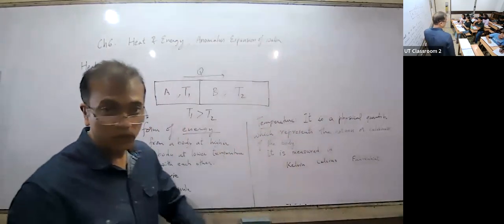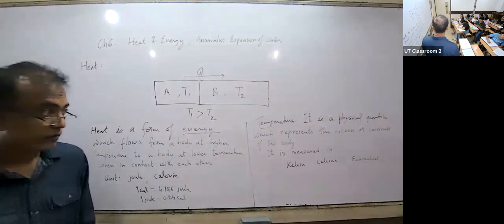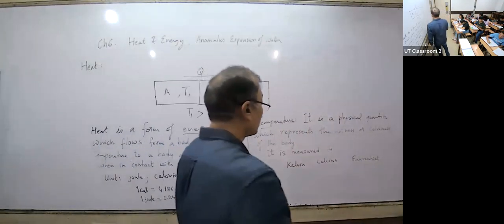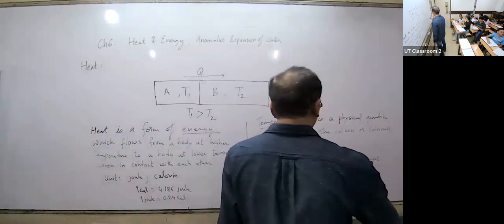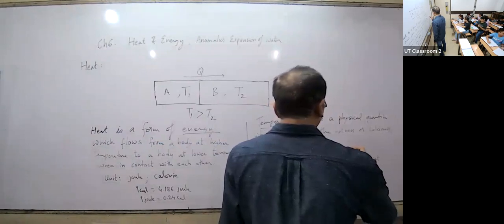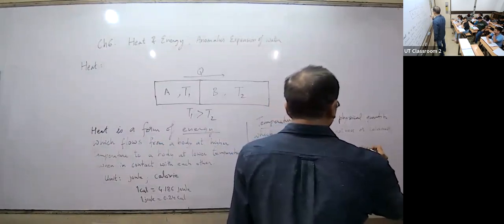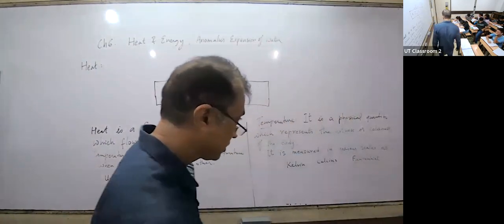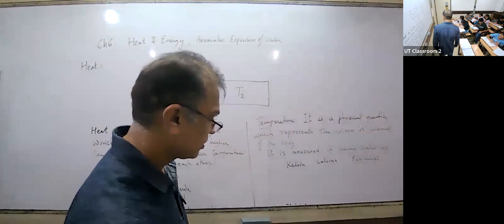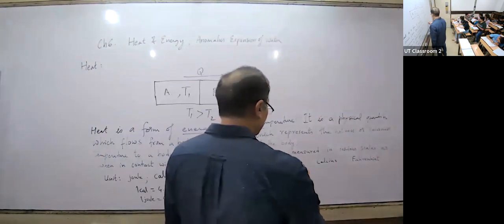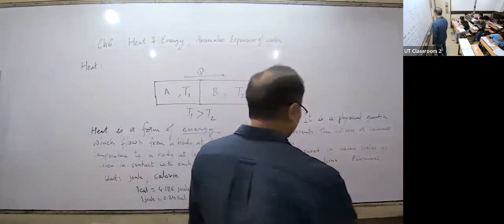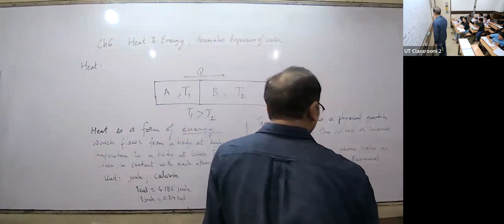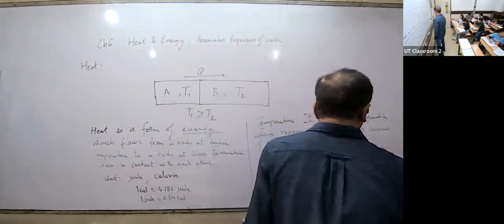So it has different units. So Kelvin, the symbol is K. Celsius is degree Celsius. Fahrenheit is degree Fahrenheit.